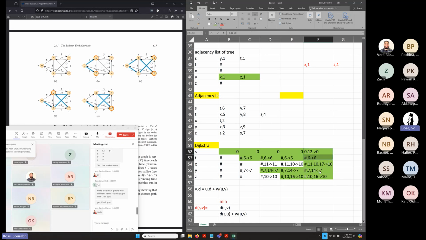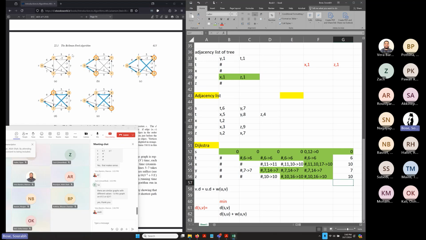I'm going to create one more copy, but essentially we end up with these values: 0, 6, 10, 7, and 10. Assuming these are all positive weights, S to S is 0, S to T is 6, S to X is 10. How did it go to X? 7 plus 3.